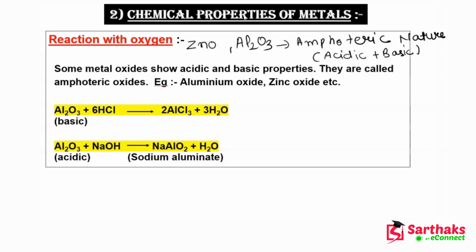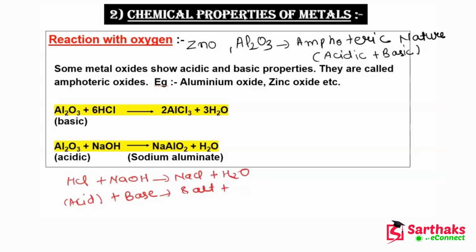So first of all, you all know that when HCl reacts with NaOH, it will form NaCl plus water. So we can say that if acid reacts with base, it will form salt plus water.